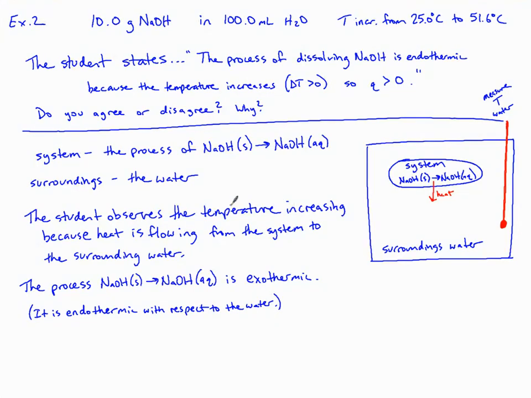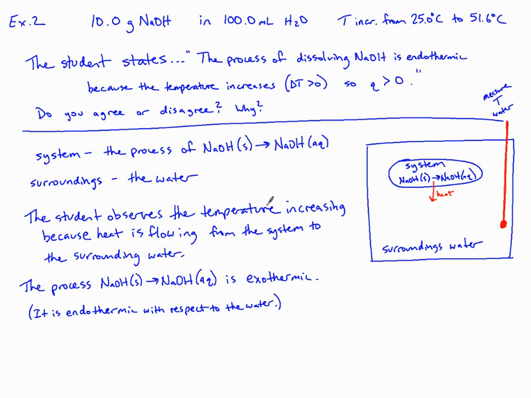So the student is observing a temperature increase. And so if this were some sort of a container, and this is being dissolved in water, and we have a thermometer in here, we are measuring the temperature of the entire solution, or really what we're doing is measuring the temperature of the water.